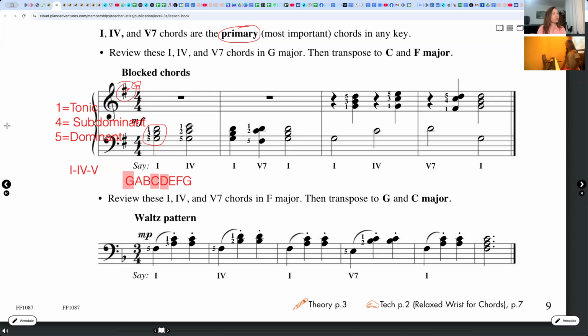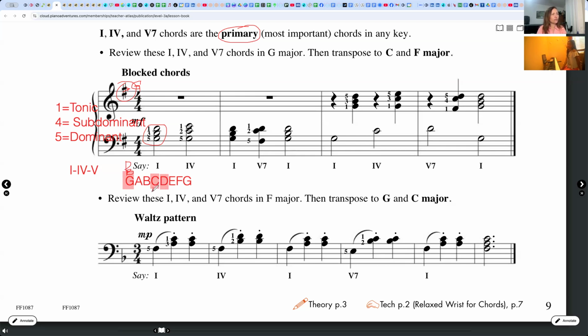So if we're building chords on the steps of the scale, this is going to be the G chord, right? What notes are included in the G chord? Can you tell me, please? G, B, D, yeah.